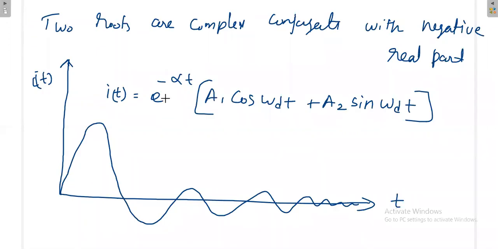The real part we write in terms of e power, and the imaginary part we write in terms of cos and sin, where omega d is the imaginary term. Finally, we will compare all these.